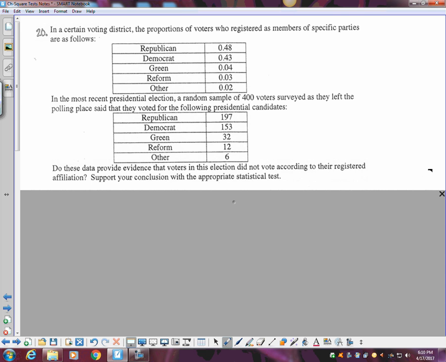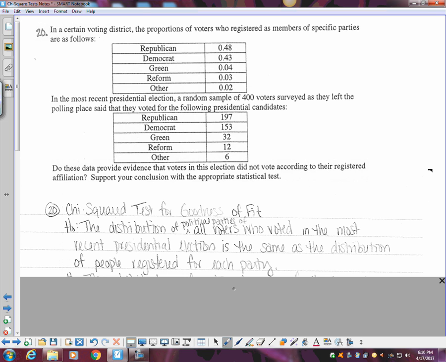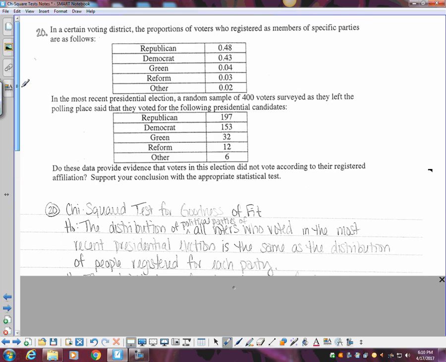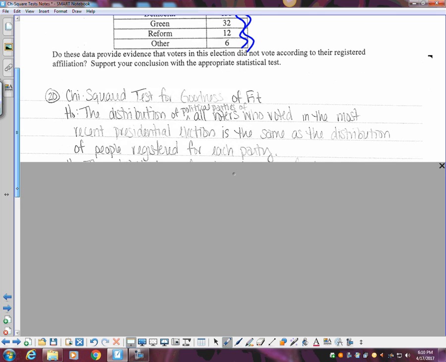This is a one-way table, so this is absolutely a chi-squared test for goodness of fit. I want to know if this fits this, or the other way around. Okay, so here we go.